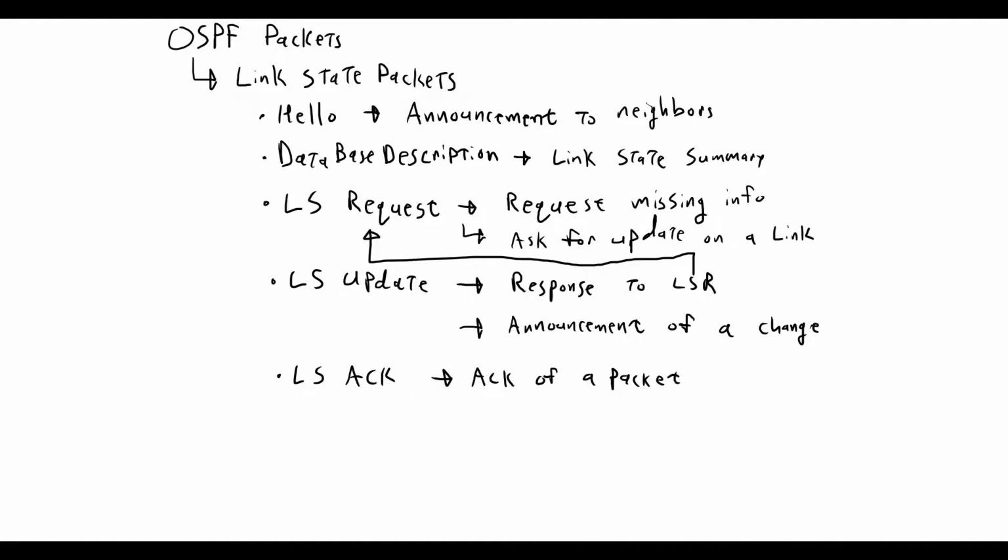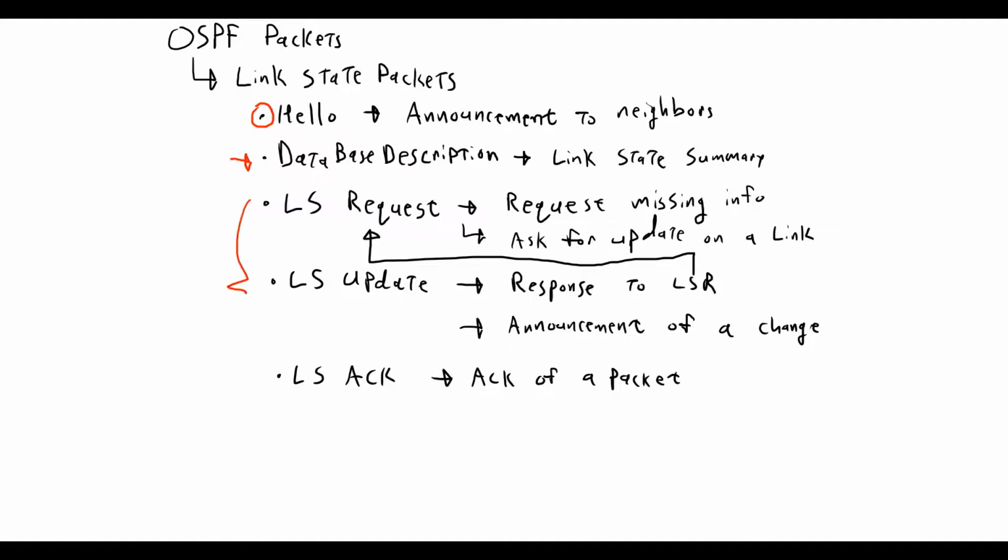And so what you'll generally see is that hello packets will be sent out at the beginning of the network initialization as all of the routers begin to discover who is adjacent to them. And then with that information, they will start sending out database descriptions.